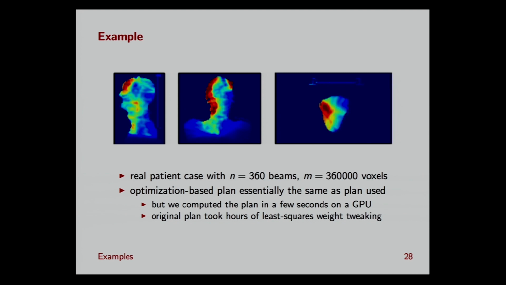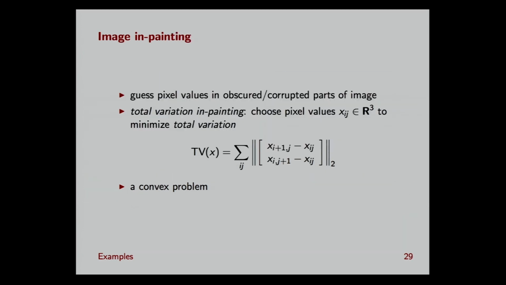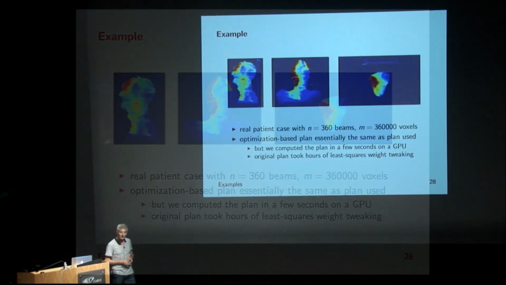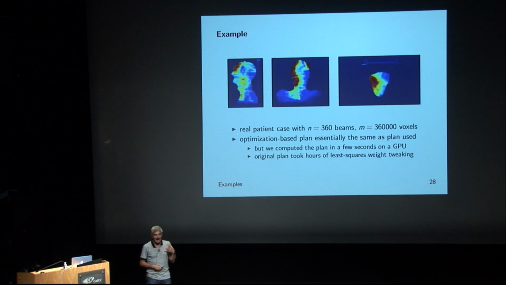And the original plan, I think, took 8 hours of least squares weight tweaking. That's where you say, oh, there's too much on the thyroid. I'm going to crank these weights down, and then I'll push these weights up and stuff like that. So this is an example of a real thing. This is extremely current. It's being used. And by the way, this is a perfect example where the variables represent actions.